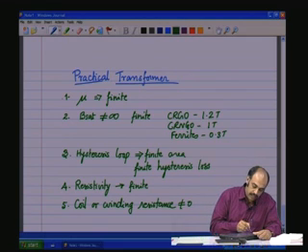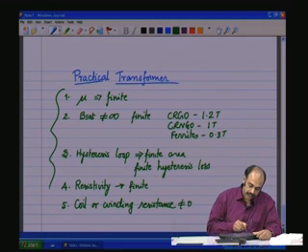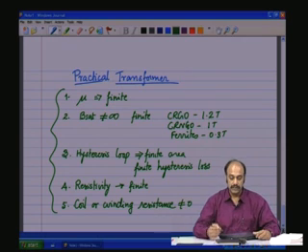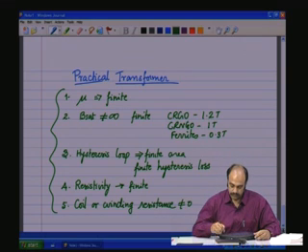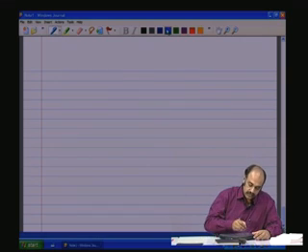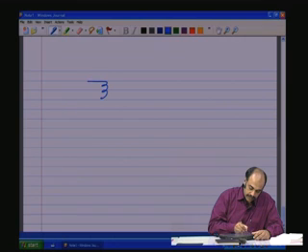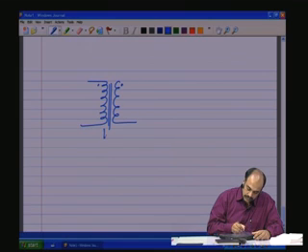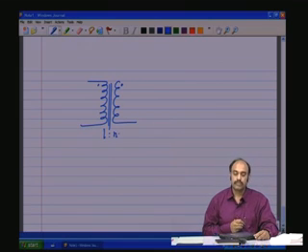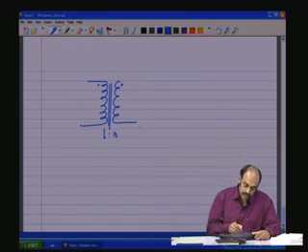Now, how do we represent a practical transformer electrically? Because an ideal transformer, we know, has a symbol like that, with a turns ratio. This is an ideal transformer.